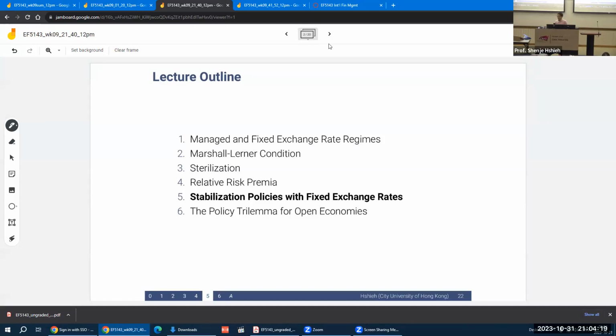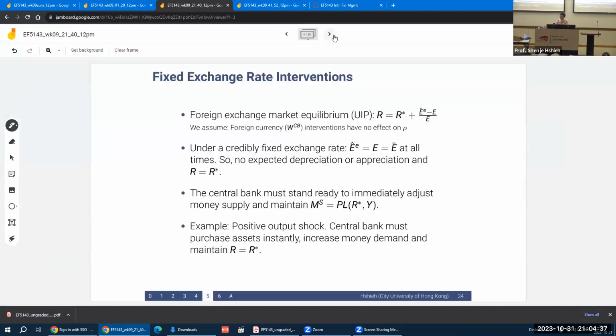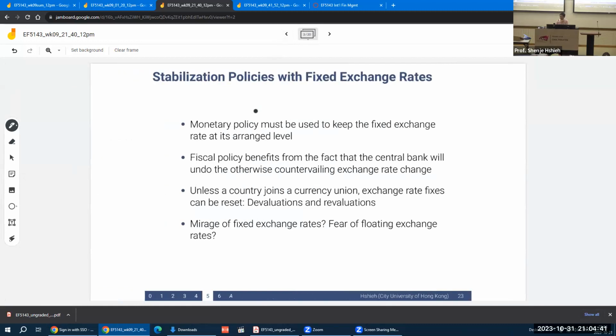That's kind of what you should be asking yourself. How does Hong Kong address economic recessions when they have a managed exchange rate? All right, let's go ahead and talk about that.